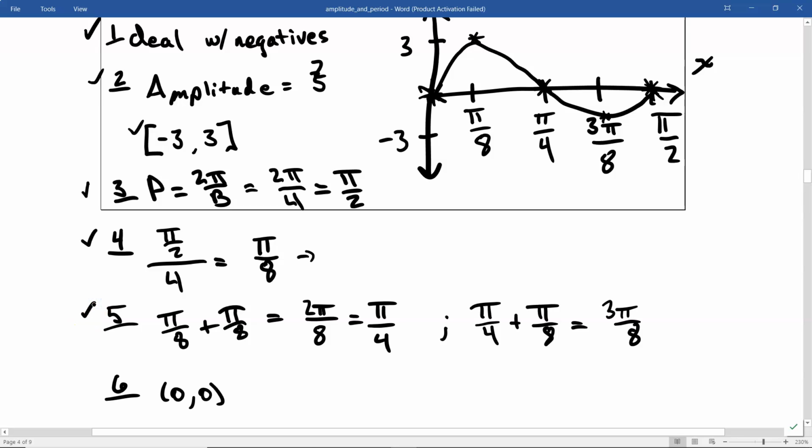Then you can find the values of each quarter point as far as the x-axis is concerned. And then you can find where your points lie by multiplying the y coordinates by your amplitude. So there we have it.